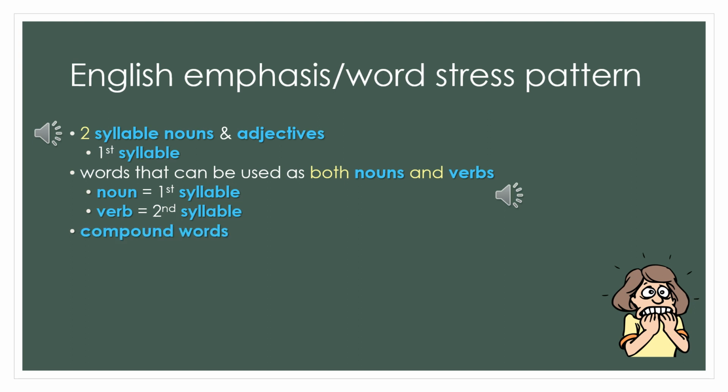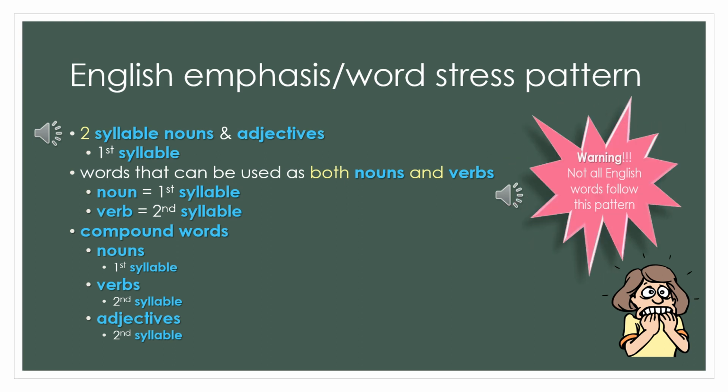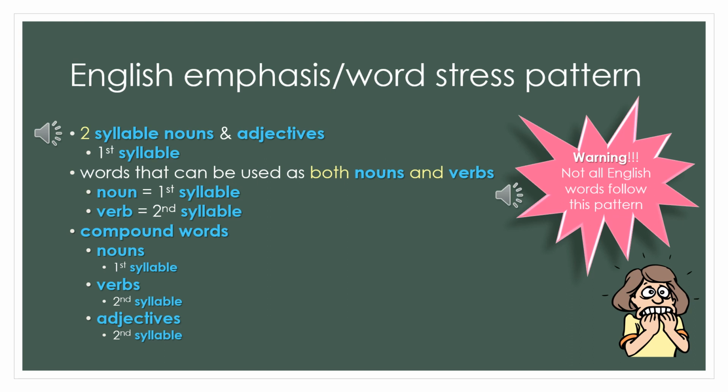And with compound words, if it's a compound noun, it's usually on the first syllable. If it's a compound verb, it's usually on the second syllable. And if it's a compound adjective, it's usually on the second syllable. Don't forget, not all English words will follow this pattern. It's a very good idea to ask a native English speaker how they would pronounce the word.